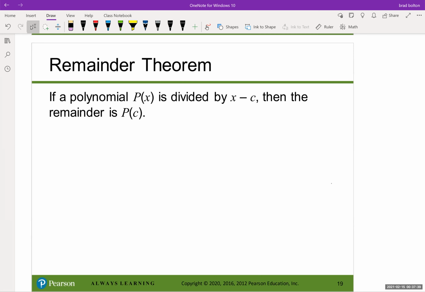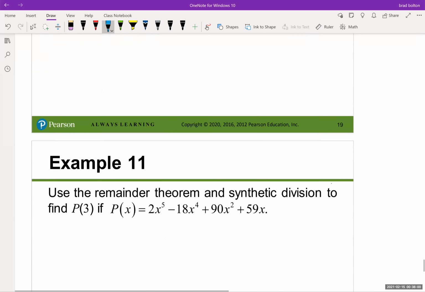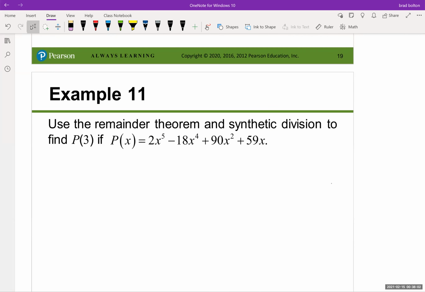There's something else also called the factor theorem that says that if the remainder is 0, then it is in fact also a factor. So if p of c equals 0, then x minus c is a factor. That's the factor theorem, but they don't say it here. We're not going to go too crazy on that, but the factor theorem is normally combined with the remainder theorem. So it says use the remainder theorem and synthetic division to find p of 3.